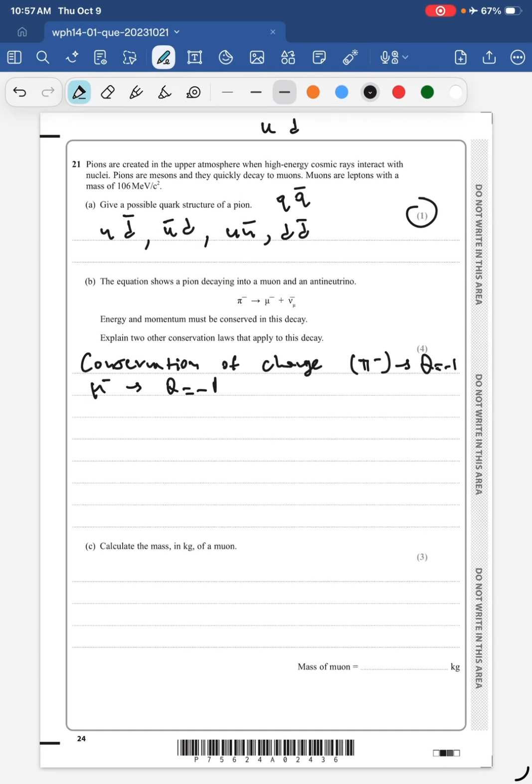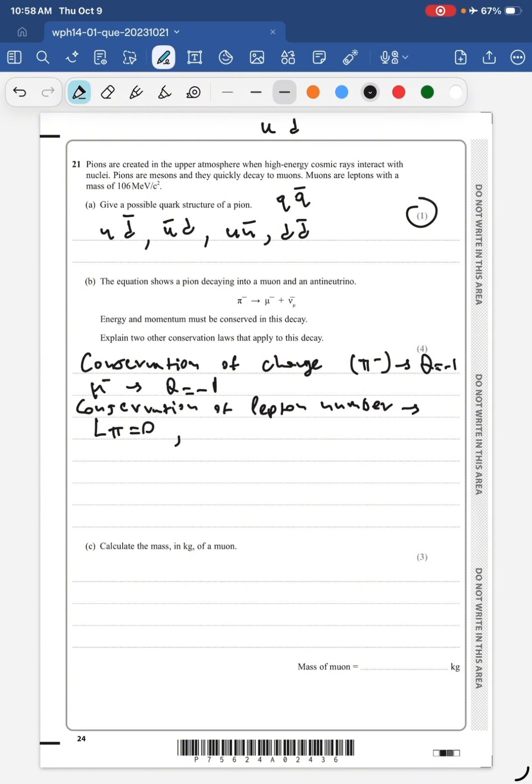We also have conservation of lepton number. Okay, what am I talking about? The lepton number before is 0 because the pion is not a lepton. Only leptons can have a lepton number.